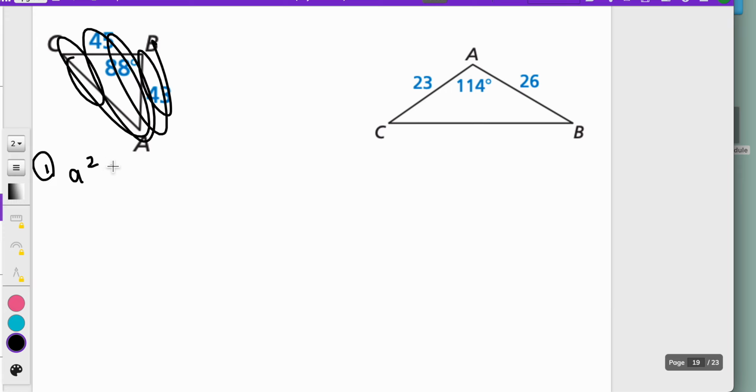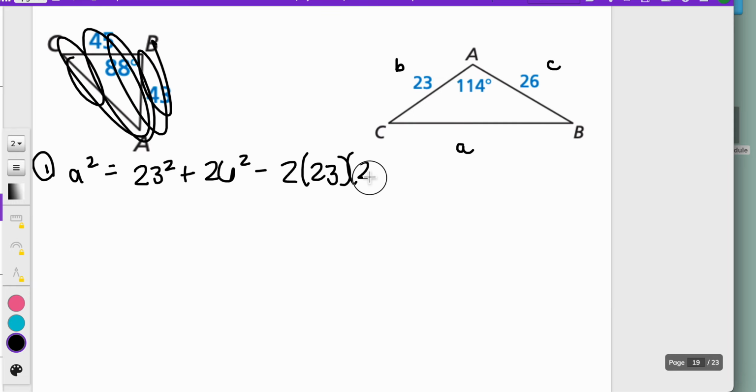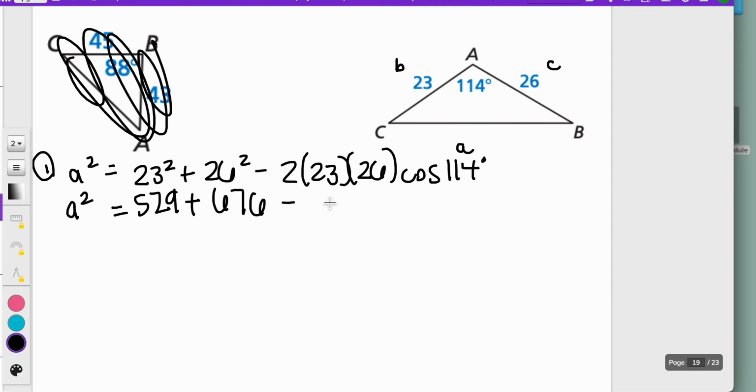So A squared is equal to B squared. Let's go ahead and label here as well: B, C, little a. B squared, 23 squared plus 26 squared minus 2 times 23 times 26 times the cosine of 114, which is the letter A. We're going to calculate a few things here. 23 squared is 529, 26 squared is 676, minus 1,196 cosine of 114.